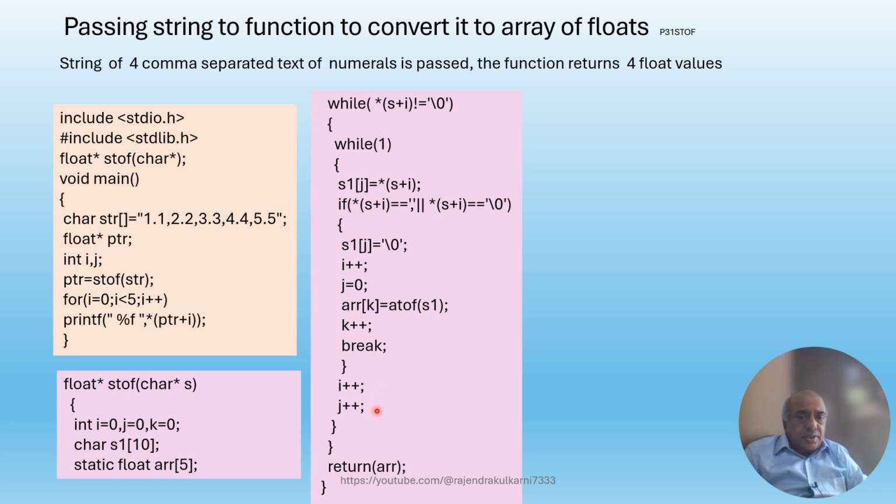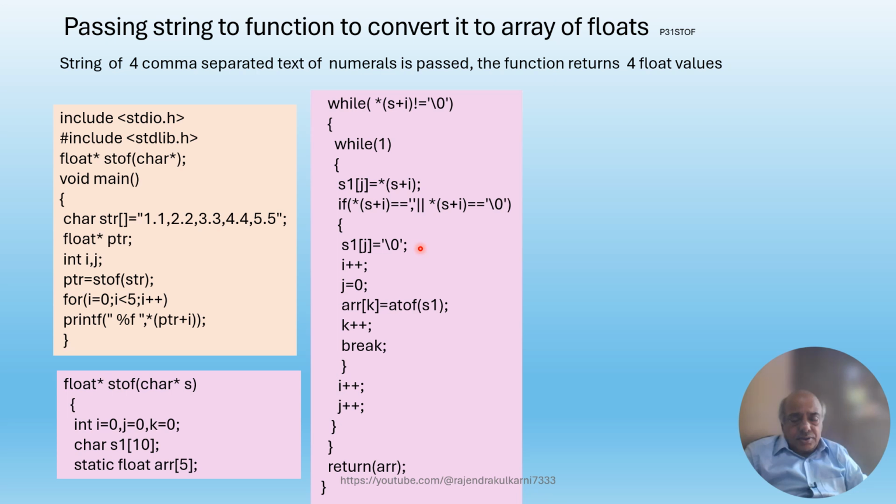Then we increment i and j, and again the program goes into the outer while loop. Again the next characters of the string str get copied into s1.